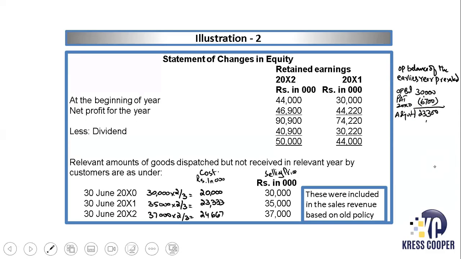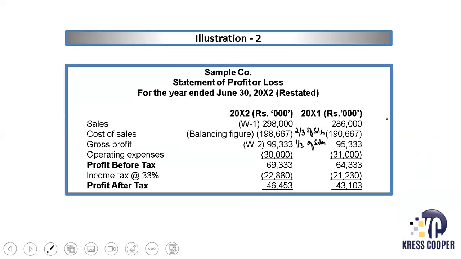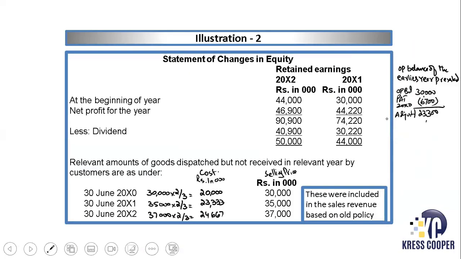Okay, so this 6,700 will have an impact because the previous year's profits are being reduced, and because of which our opening balance will be adjusted. So it will be adjusted to 23,300.